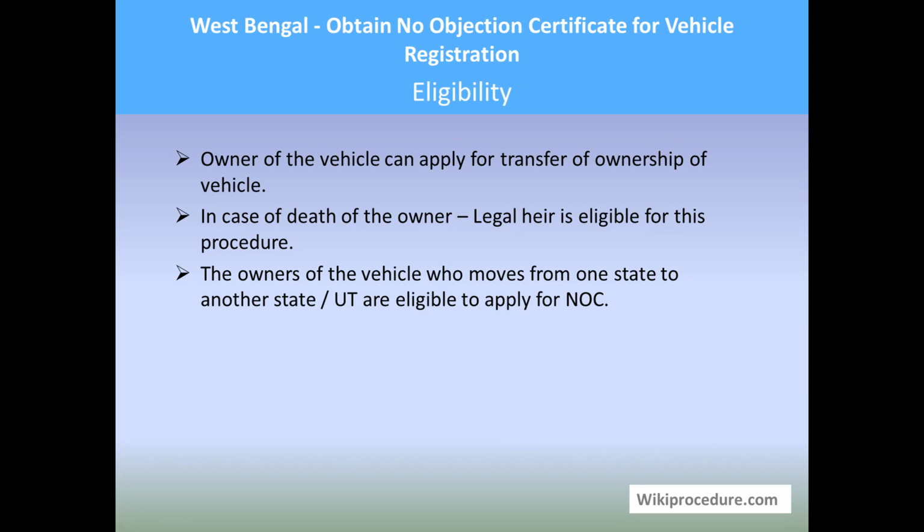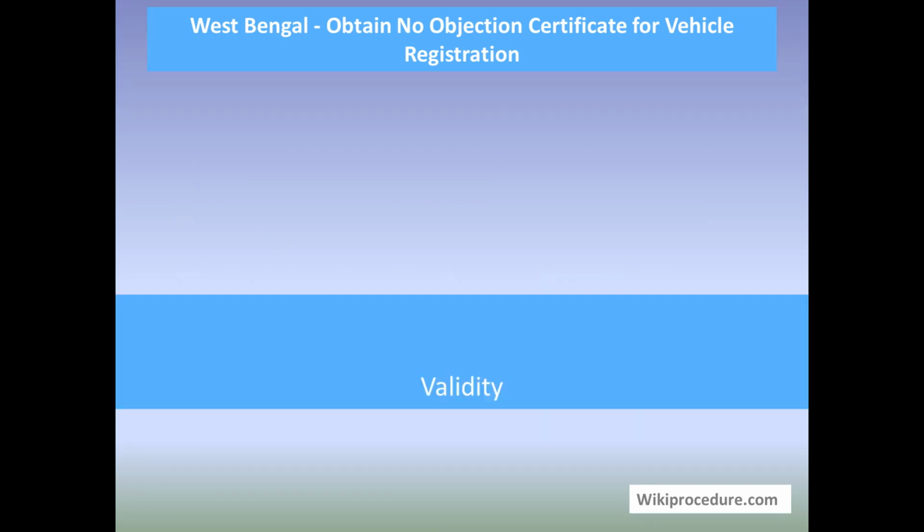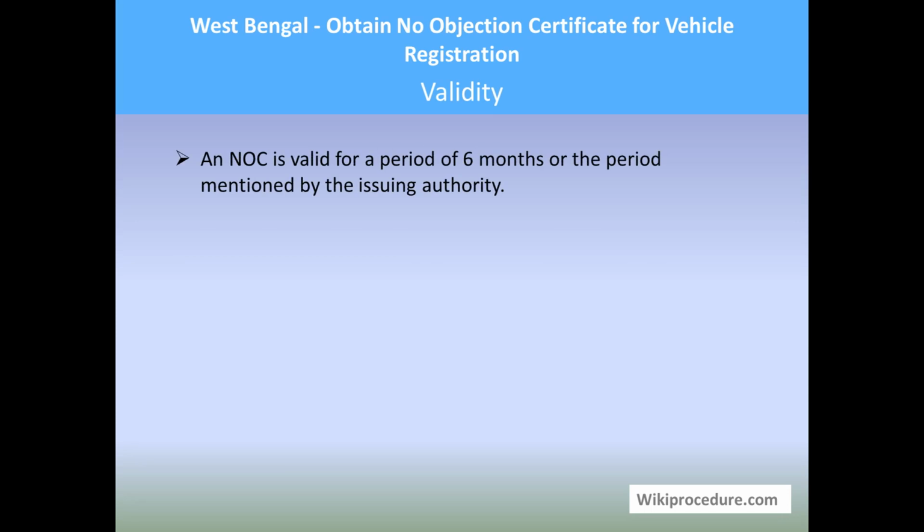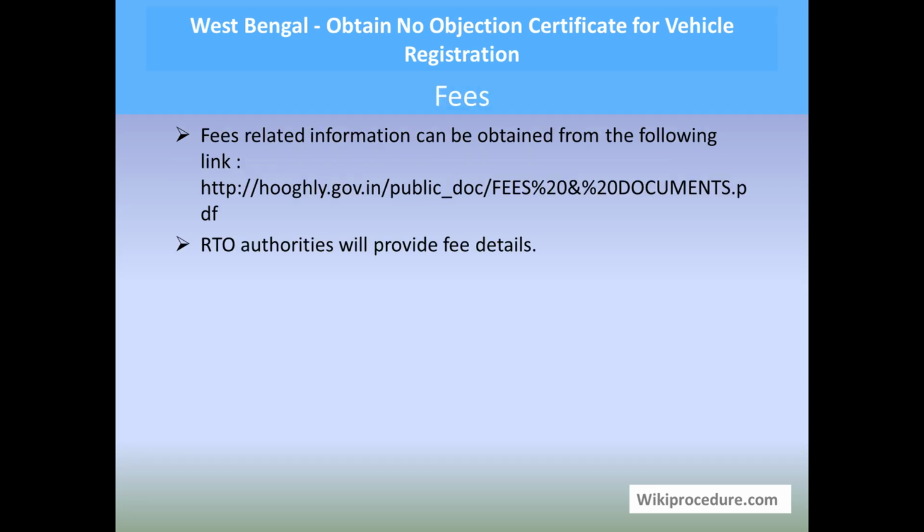Eligibility: The owner of the vehicle can apply for transfer of ownership of vehicle, so he will be eligible for this. In case of death of the owner, the legal heir is eligible for this procedure. The owner of the vehicle who moves from one state to another state or union territory is also eligible for applying for NOC. Validity: NOC is valid for a period of 6 months or the period mentioned by the issuing authority in the RTO.